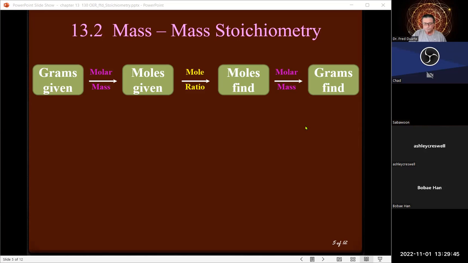And so, we start on the far left. If you're given a problem in grams, okay, well, with the molar mass, which is, recall, adding up all of the atoms involved in the formula, and the formula comes from our knowledge of how to put the formulas together, right?